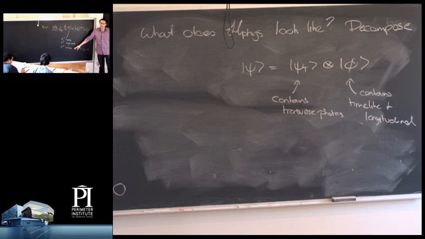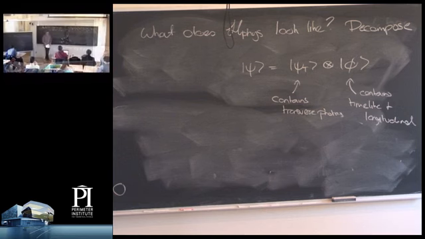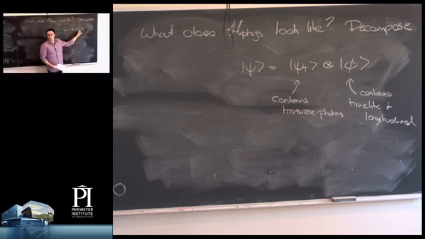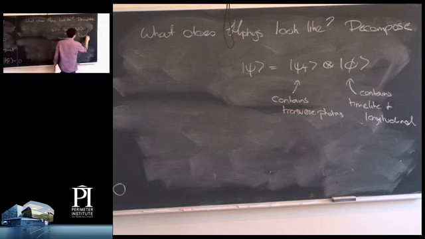And the other part, the phi, tells me how many of the time-like and longitudinal components there are. Okay? Anticipating the fact that I want to keep these guys, but ultimately I'm going to want to do something about these guys. So this contains transverse photons, and this contains time-like and longitudinal.